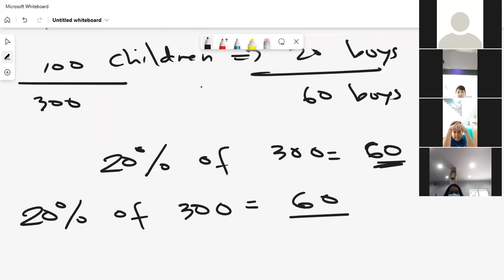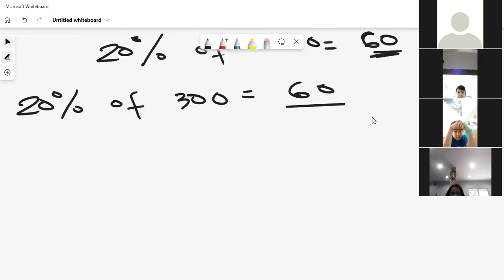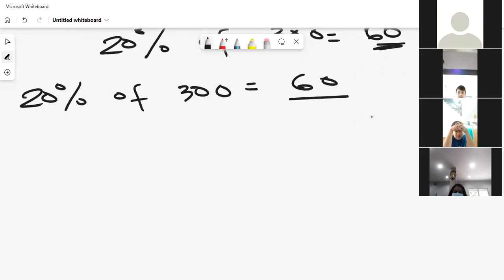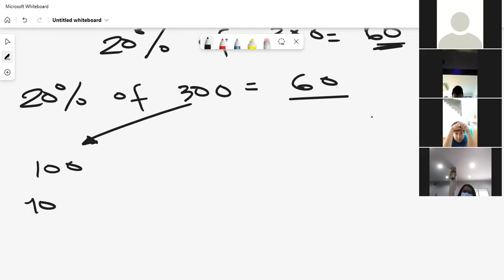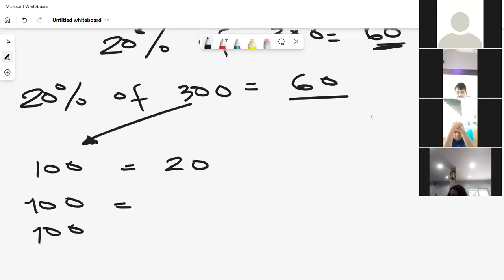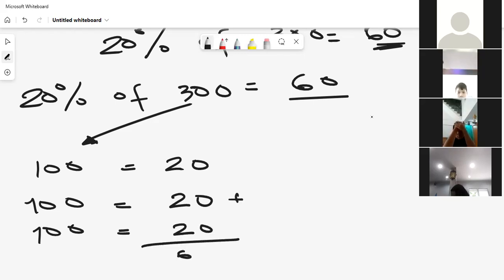Why? Because we will break down 300 into 100, 100, and 100. What is 20% of 100? 20. What is 20% of 100? 20. What is 20% of 100? 20.